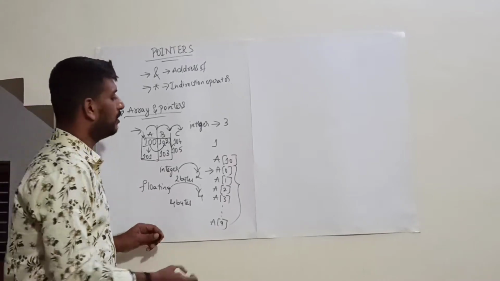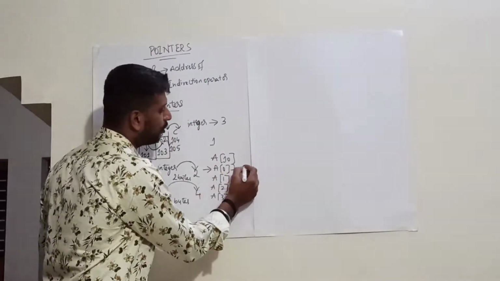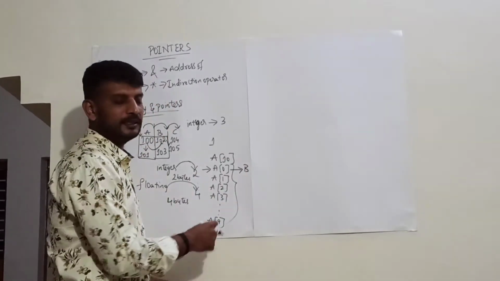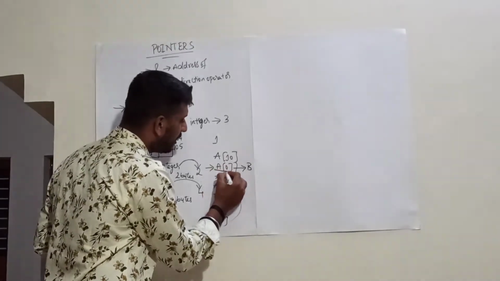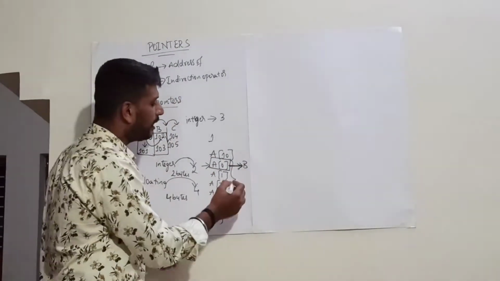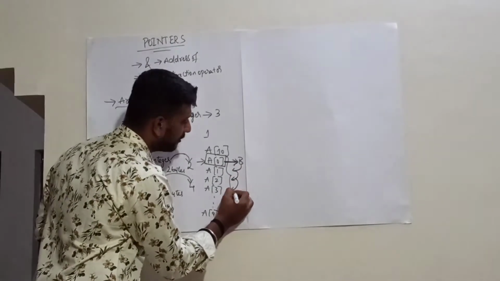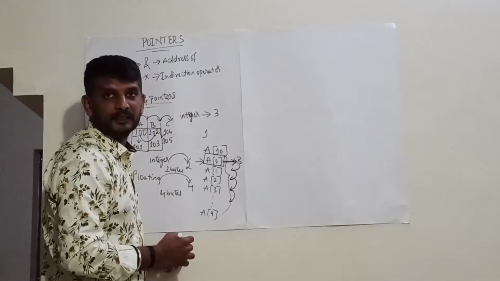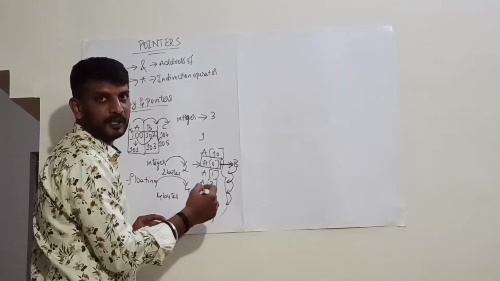Instead, you assign the address of the first variable to a pointer, let us say the pointer b. Next, the pointer gets incremented in the steps of 2 because it is an integer pointer.